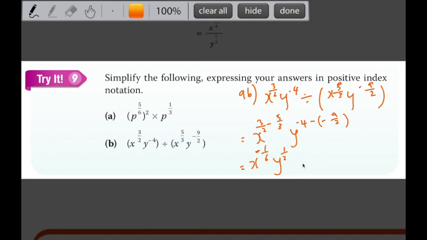So you can change it: now this is 1 over x to the power 1 over 6, to remove this negative, times y to the power of half. You don't want to leave it like that because it's really not elegant. So for this 1 over 6 power, this fractional index, we change it to root 6, and this will change to square root y. Combine them together: root y in the numerator and root 6 of x in the denominator.